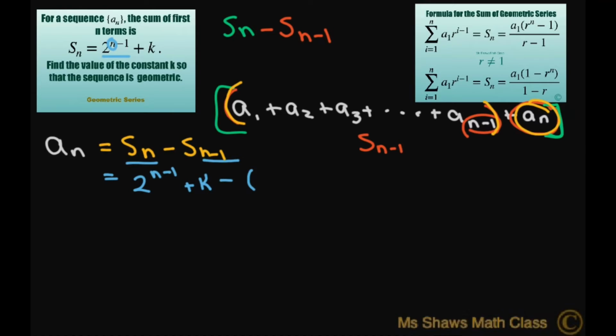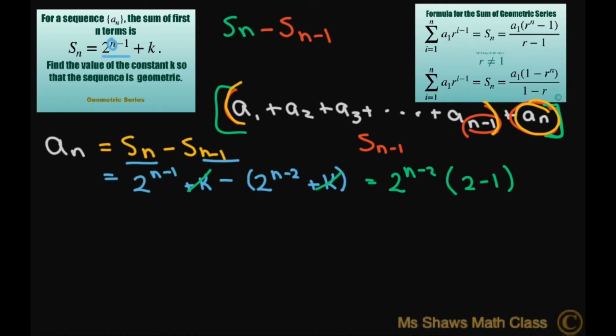So that's going to give you 2 to the power of n minus 2 plus k. Okay, what happens is the k's will subtract out, and so we'll get 2 to the power of n minus 2. If I factor that out, the k's subtract out, and then you'll have 2 minus 1.